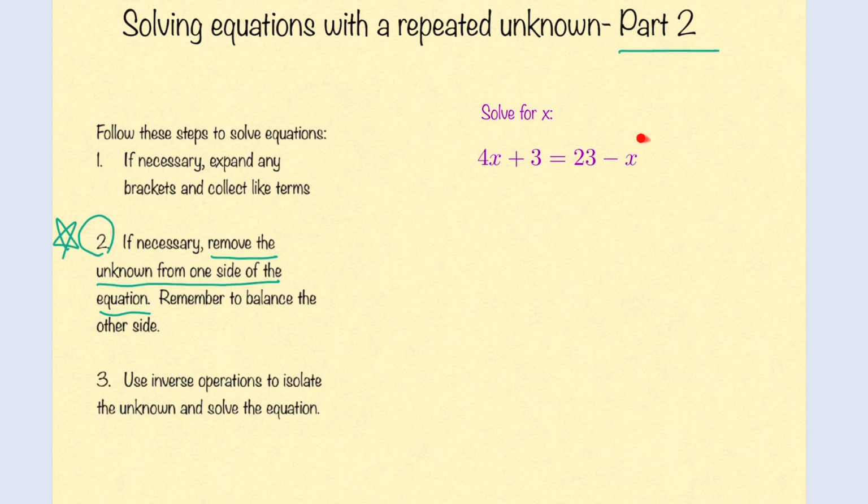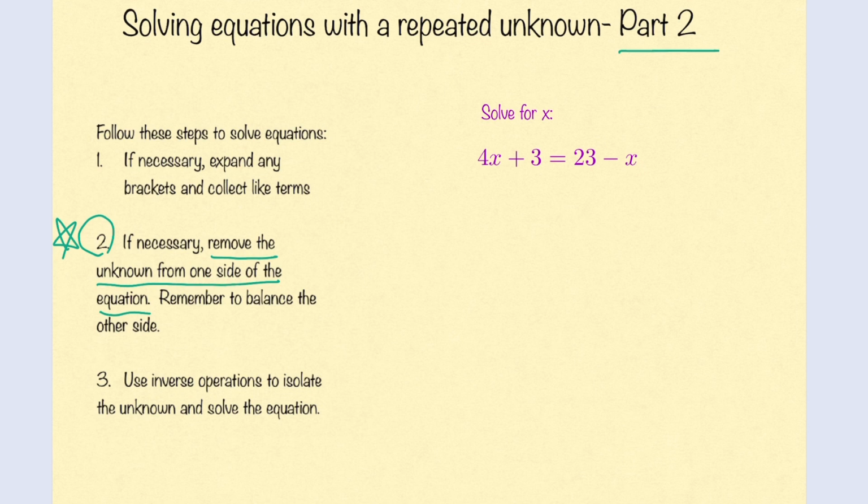In this equation, we have 4x plus 3 equals 23 minus x. Notice that you have x on the left-hand side of the equation, and there's another x on the right-hand side of the equation. So the first step would be to put the x's together on one side of the equation.